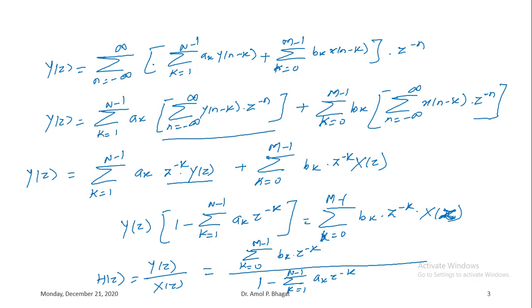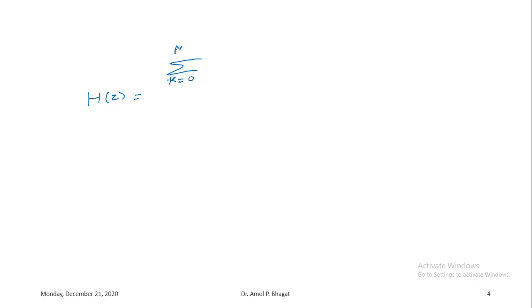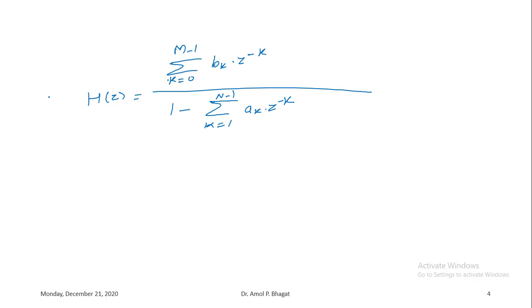So here the final H of z or system function should have this form, that is summation k equals 0 to M minus 1 bk into z to the power minus k whole upon 1 minus summation k equals 1 to N minus 1 ak into z to the power minus k, right?